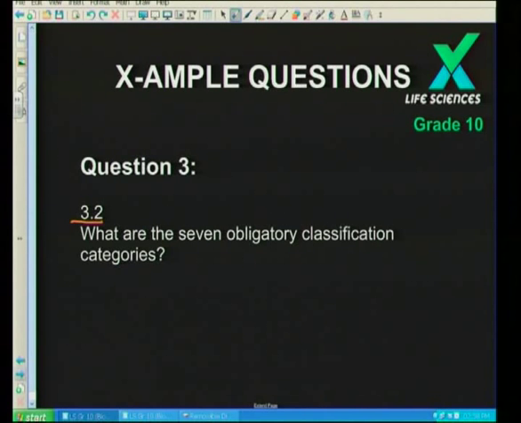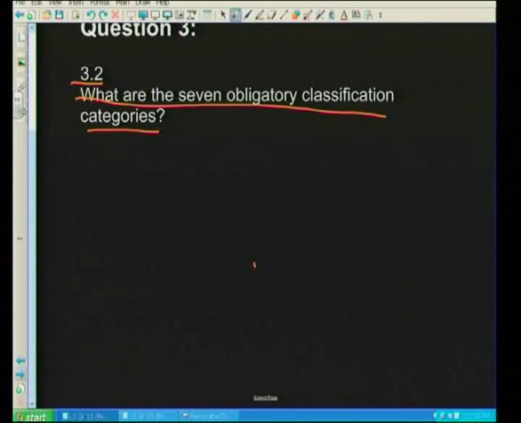Question 3.2. What are the 7 obligatory classification categories? Remember, I told you that you need to write down a mnemonic to help you remember the order and the sequence of the 7 taxonomical levels. When you do that, you write down the first letter of your mnemonic.